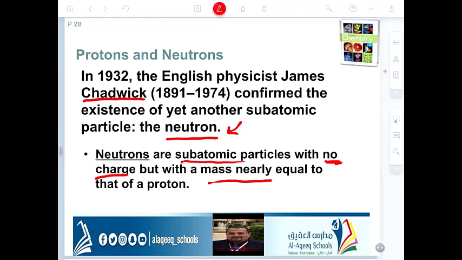The mass of protons is almost equal to the mass of neutrons. But protons have charge positive 1, while neutrons have no charge. Don't confuse.